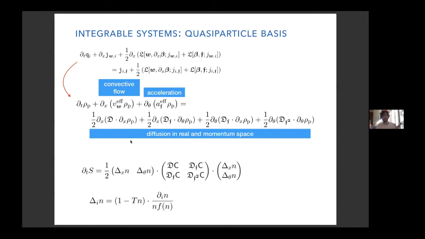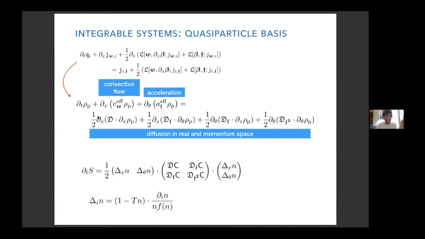What is interesting is that now the quasi-particles are accelerated, but they also diffuse both in real space and in quasi-momentum space. So this is like a bilinear diffusion in x and theta.